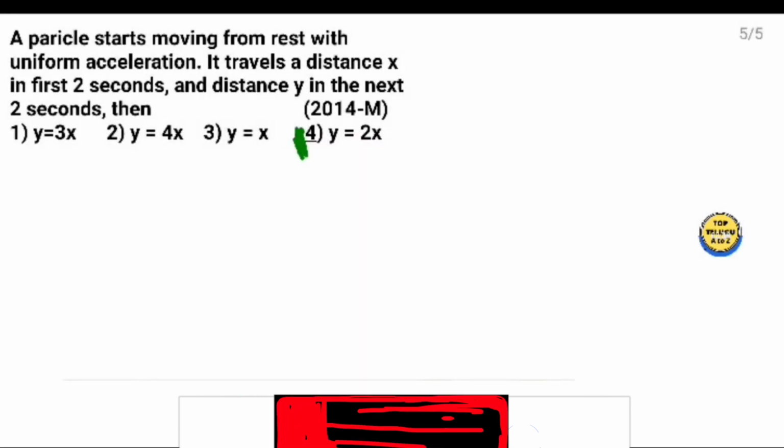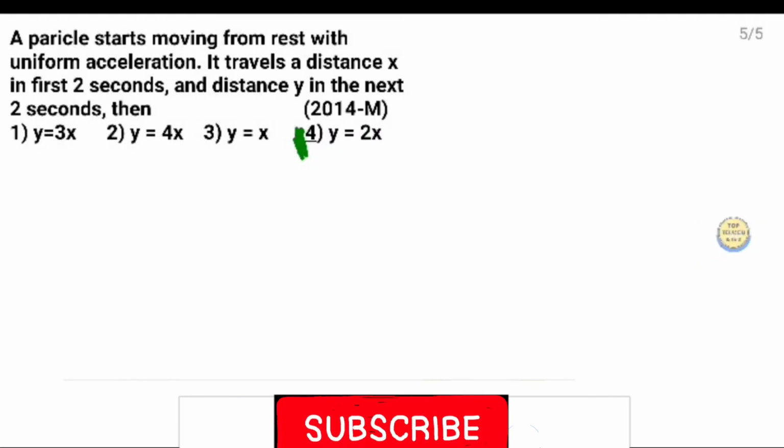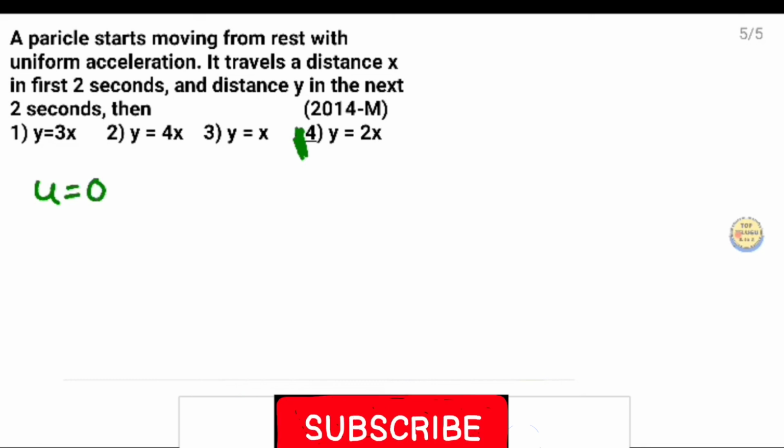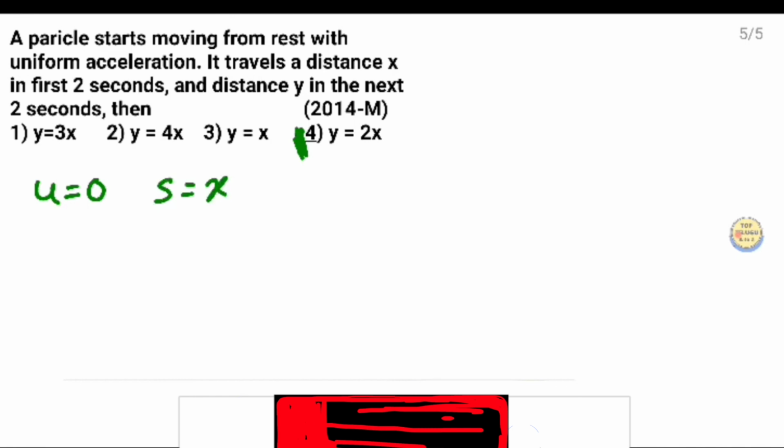The question: a particle starts moving from rest with uniform acceleration. It travels a distance x in first 2 seconds and distance y in the next 2 seconds. Moving from rest means initial velocity is 0 with uniform acceleration. It travels a distance s equal to x in the first 2 seconds.